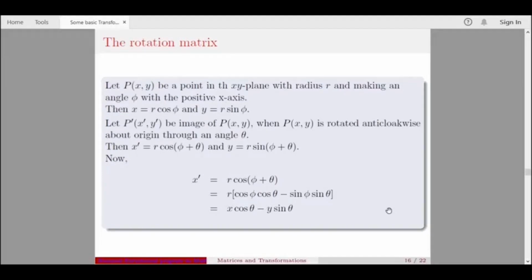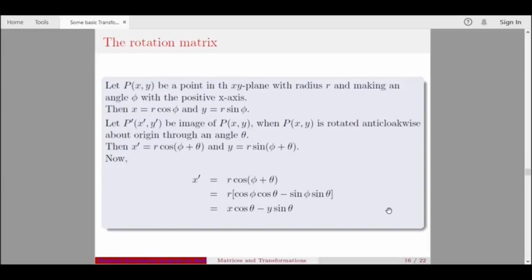Now next we will see the rotation matrix in detail. Let P(x, y) be a point in the xy plane with radius r, making an angle phi with the positive x-axis. So for the coordinates we have x = r cos phi and y = r sin phi. Suppose this point P is rotated anti-clockwise about the origin through an angle theta.